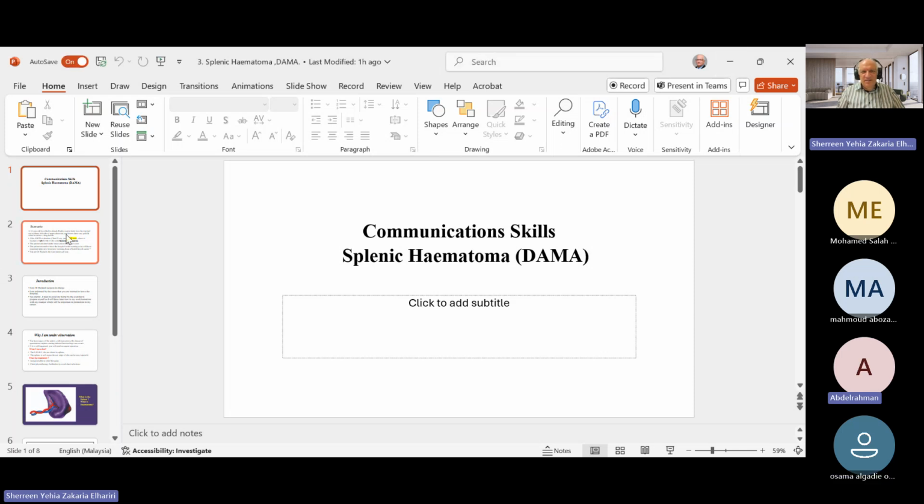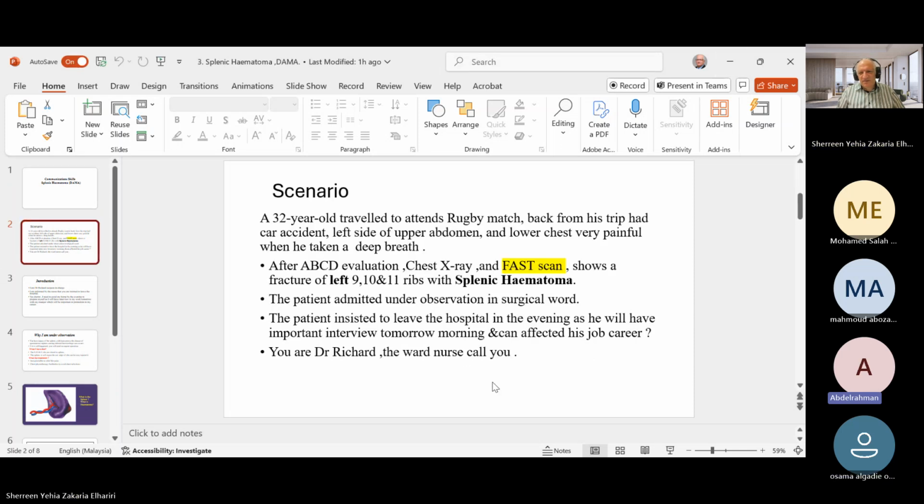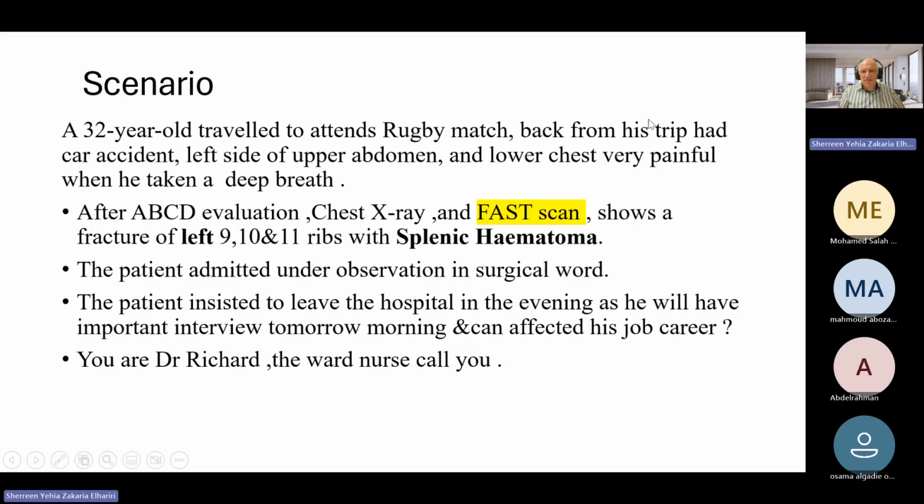So you can see here. 32 years old, traveled to attend the rugby match. Back from his trip, he had a car accident, left side upper abdomen, lower chest, very painful when he takes a deep breath.